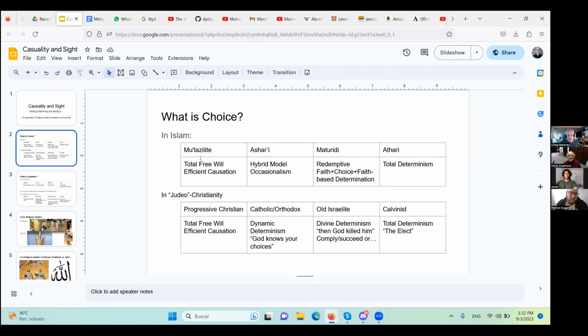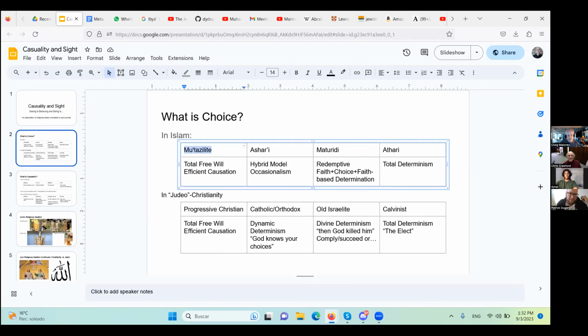So in Islam, the Mutazilites were a group of originalist Muslims from the Abbasid dynasty from the early 800s, or 200s if you're counting from the beginning of Islam. They were pretty clever guys, and they said, okay, God wants us to be rational and scientific. They called themselves the people of monotheism and justice.